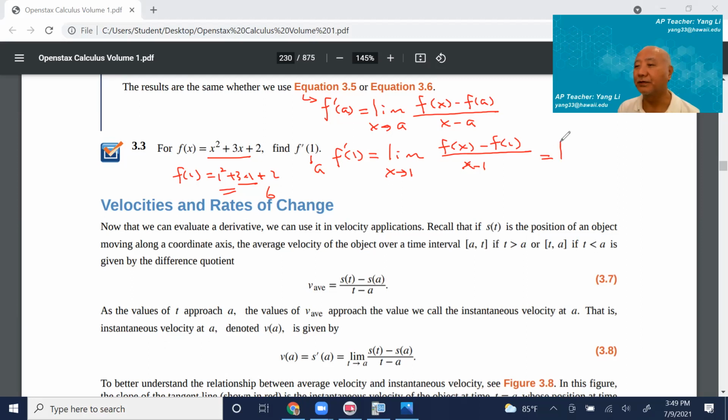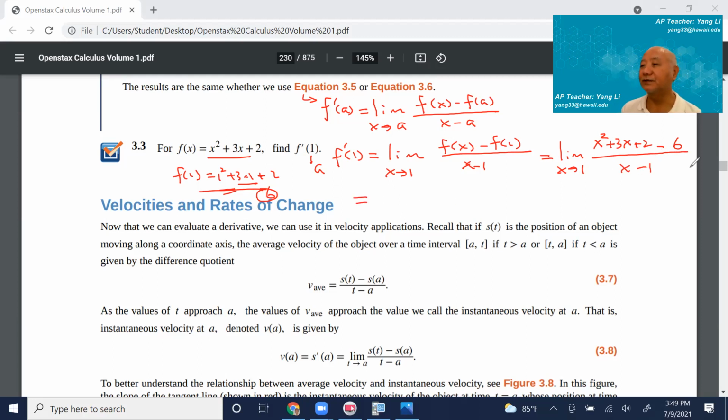I'll put the limit here first, x approaches 1. So you're going to have f(x), which is x squared plus 3x plus 2, minus f(1), and f(1) is 6 here. So minus 6 divided by x minus 1, right?